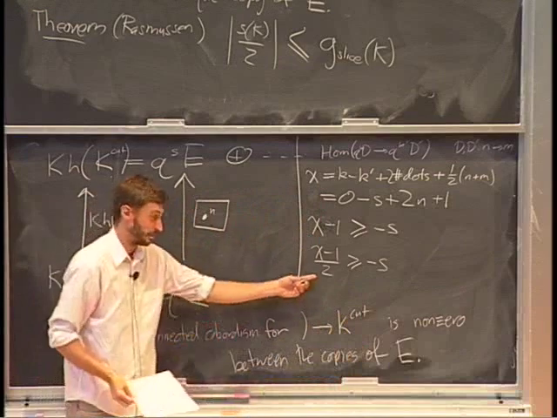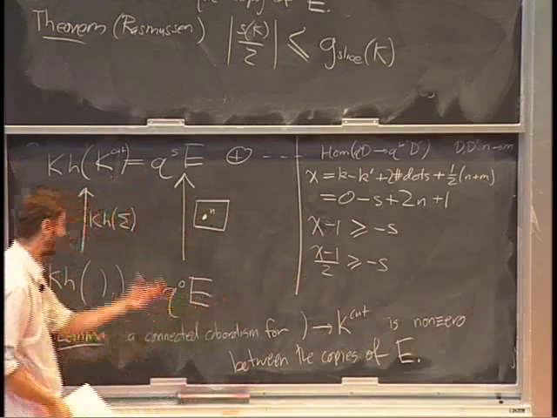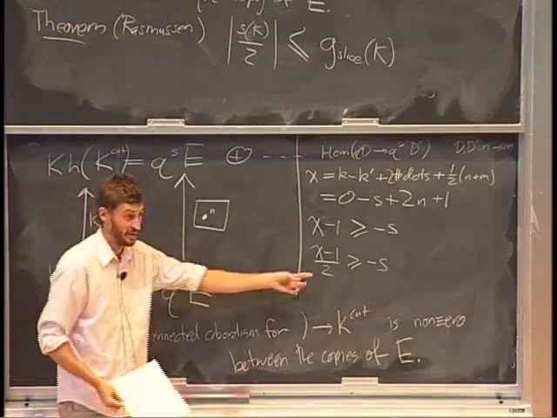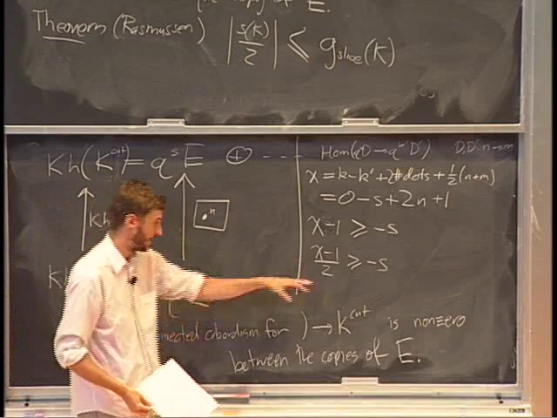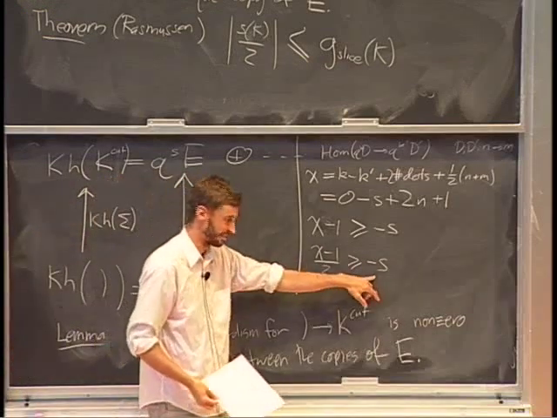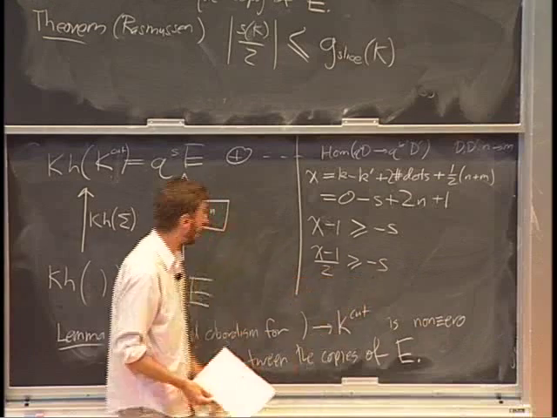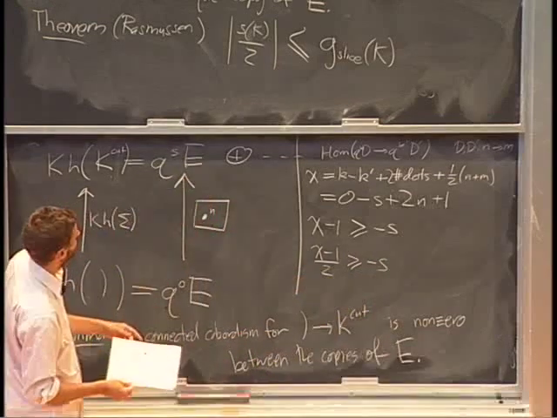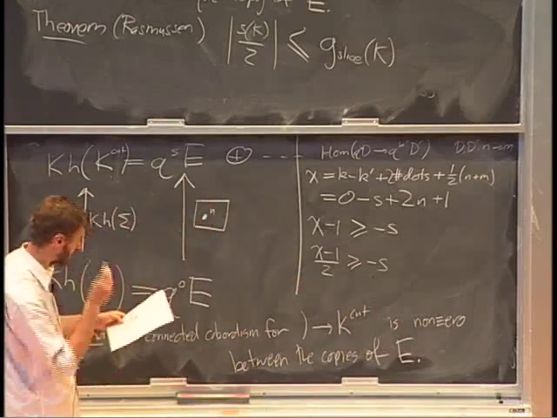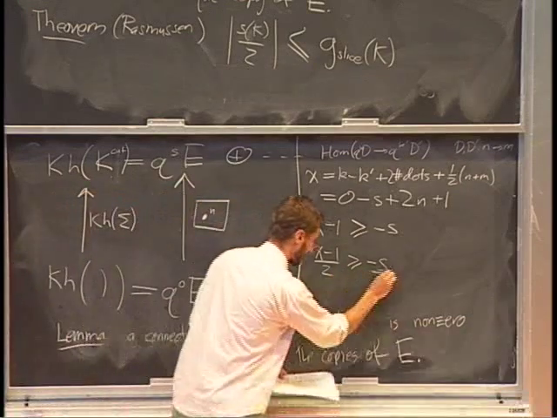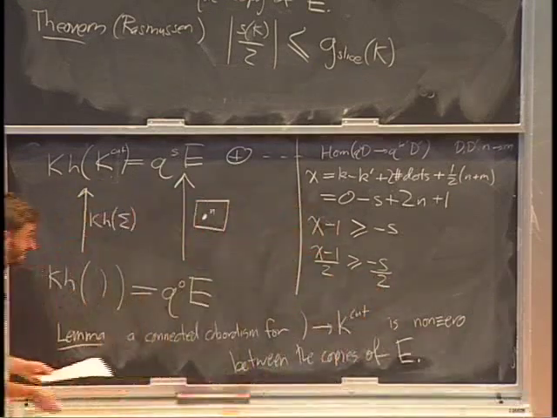If you think about what we've done to our surface in the four-ball, this number here is exactly the genus of that surface. And we've seen that the genus is at least negative the S invariant. Sorry, I got my factors of 2 wrong somewhere. I didn't divide by 2 over here. Very good. It's at least negative S over 2.